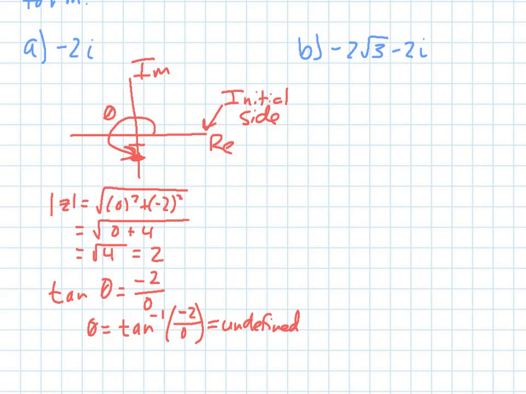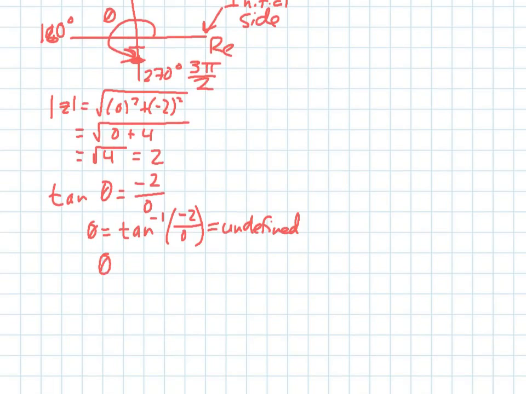What angle would that land on? Remember, this is 90 up here, over here is 180, so then you get 270. Most of the stuff they put in radians, so remember 90 is pi over 2, 180 is pi, and 270 would be 3 pi over 2. So that's what our angle would equal.